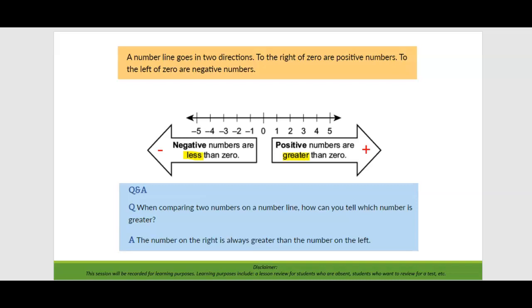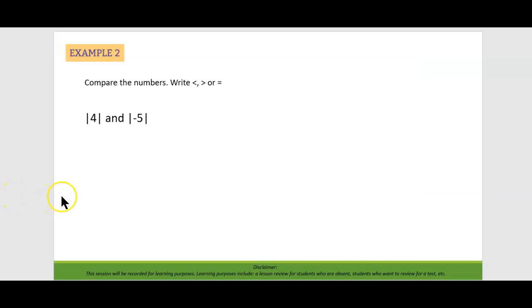Greater is to the right, less is to the left. Okay, what sign will we put in between these? We have a 4 and a -5. Greater than, less than, or equal to? But remember, these are absolute values.